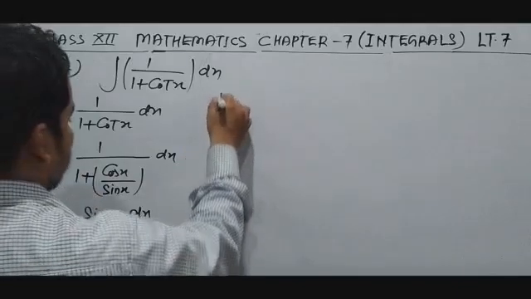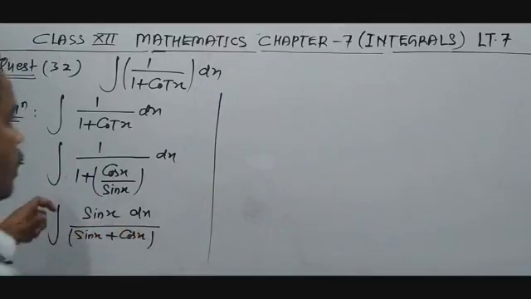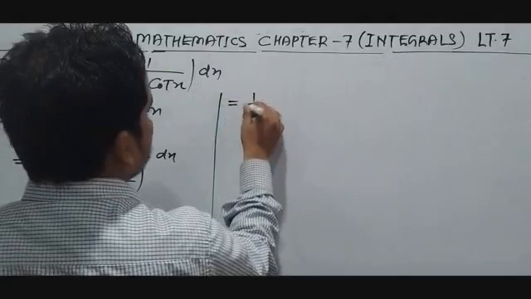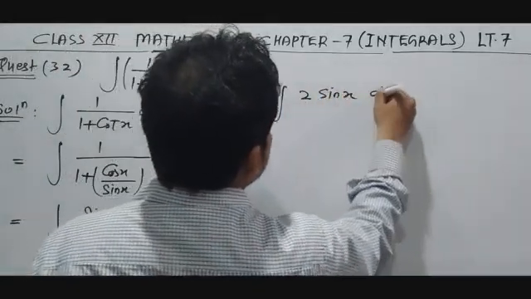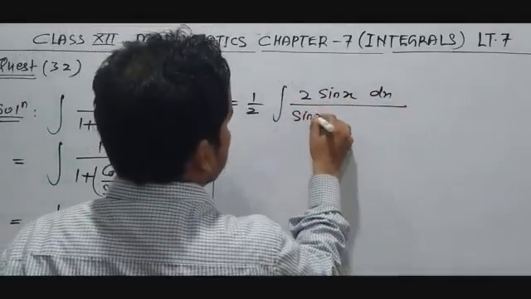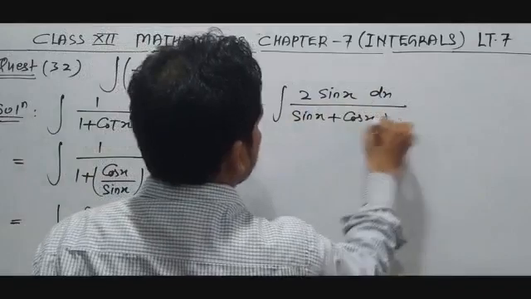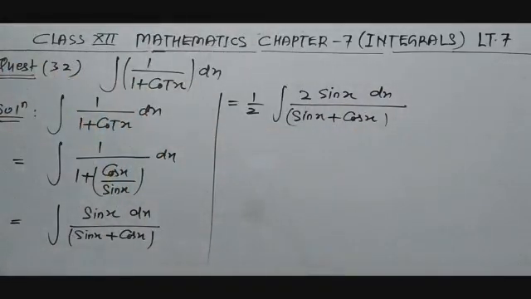Now sin x can be written by rationalizing by 2. So 1 by 2 times sin x dx whole upon sin x plus cos x. We have rationalized by 2.